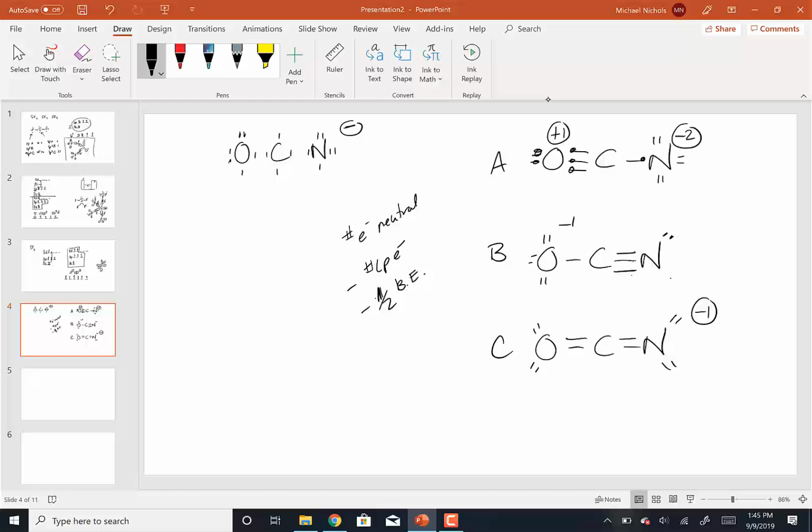Before we write the hybrid, we need to rank these according to stability, which means we need our stability rules. And so rule number 1 is we have completed octets. And typically I'll ask you only to write resonance structures with completed octets. So that's usually a given.